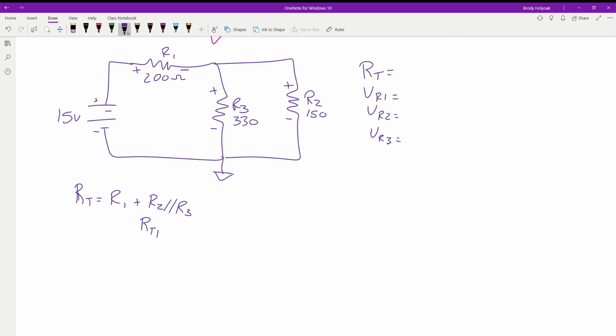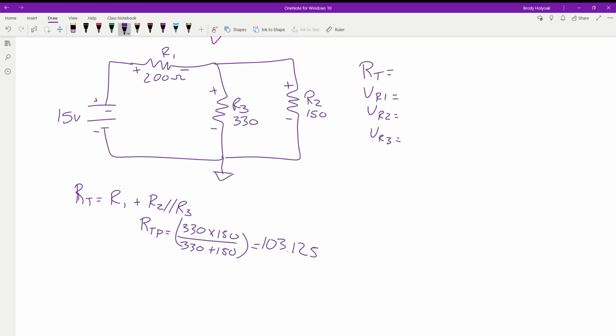So the R total for this parallel branch is 330 times 150 over 330 plus 150. And what did you guys get? 103.125. Always remember, go out 3 decimal places. This is going to help keep everybody's answers a lot more accurate, a lot more aligned.